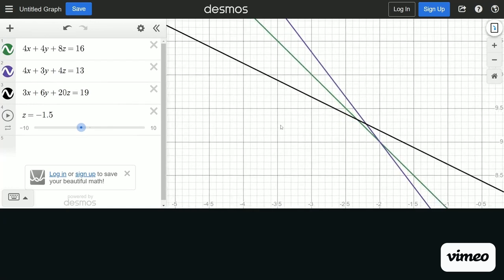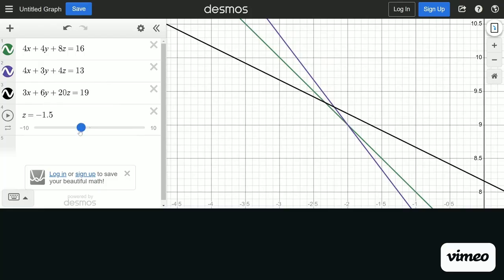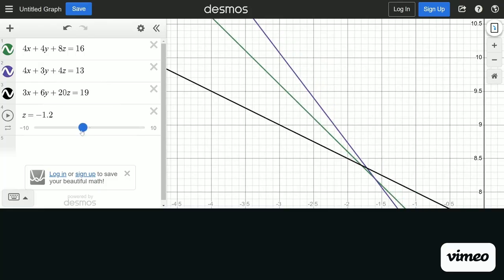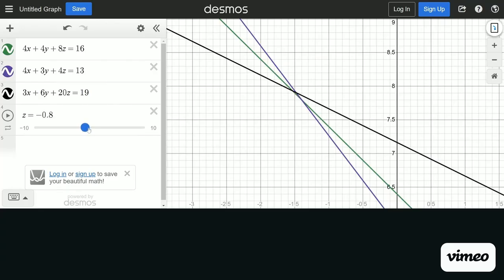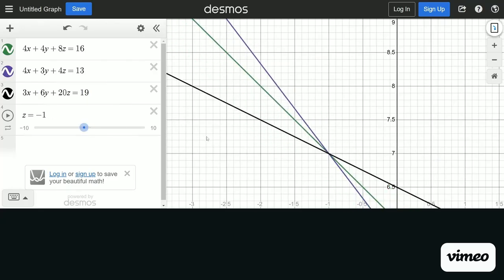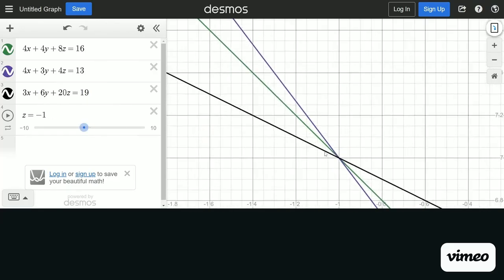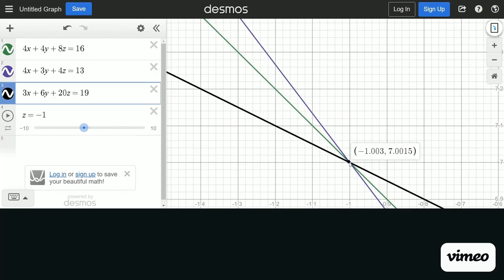Almost. There we go. See, they all cross. And so our answer will be x is negative 1, y is 7, and z is negative 1.